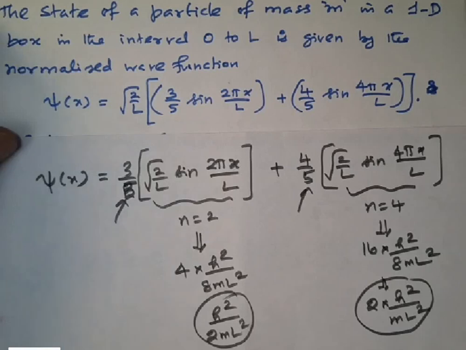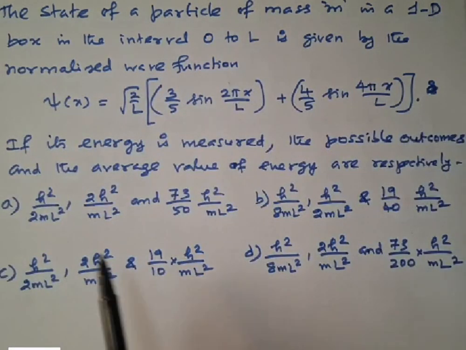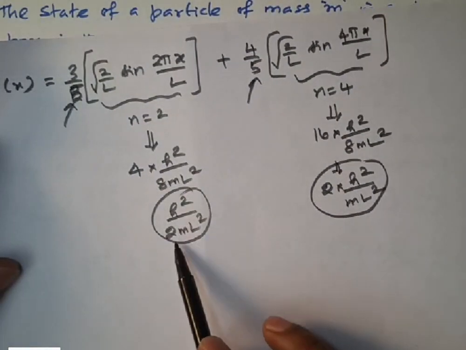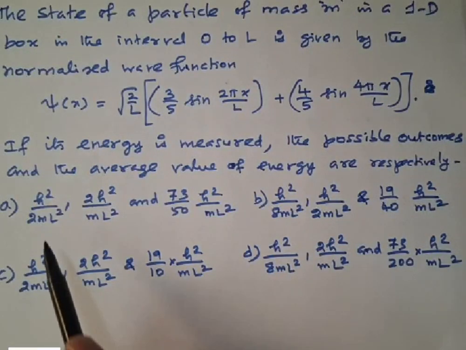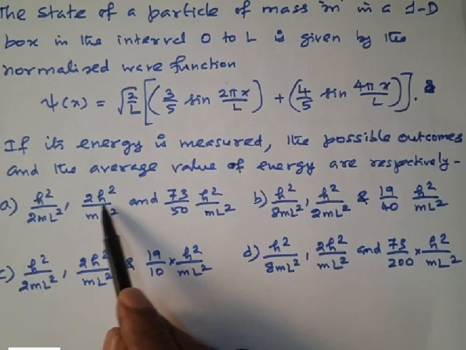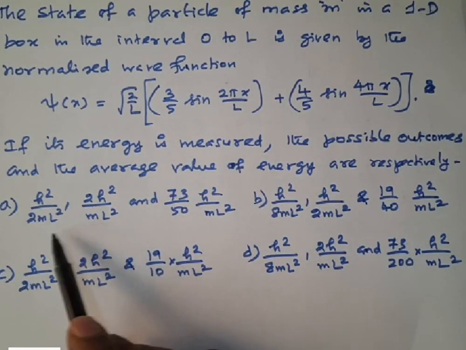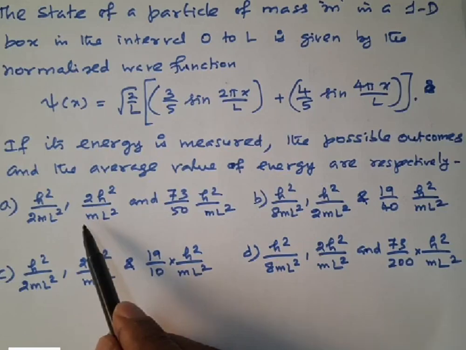I'll just go through the options. In which option we have these two outcomes, you see. The first one is h square by 2 ml square and the other one is 2h square by ml square. So first option, h square by 2 ml square is there, 2h square by ml square also there. So these two are correct outcomes.